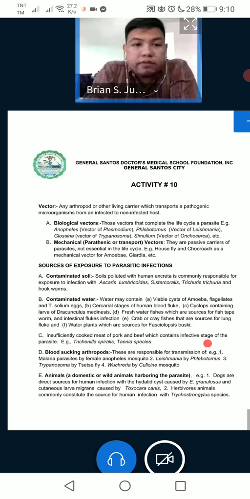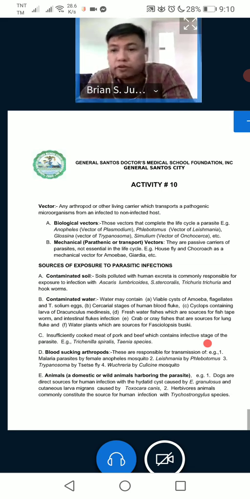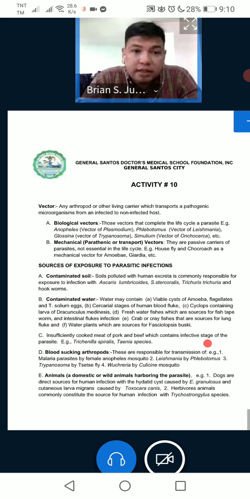Our conference today class is all about the other types of transmission, mode of transmission, sources of parasitic exposure, and we are going to start with the vector.